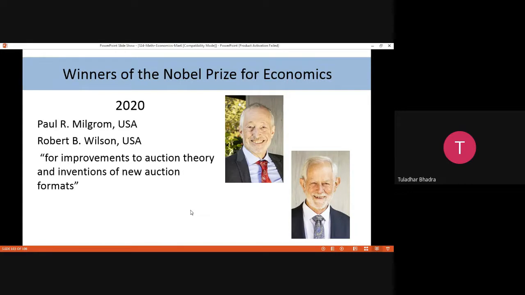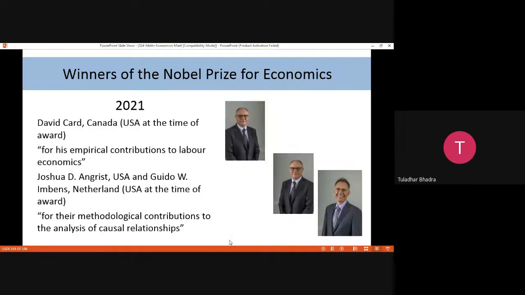2020: Paul Milgrom, USA, and Robert Wilson, USA, for improvements to auction theory and inventions of new auction formats. 2021, the last one: David Card, Canada, who was in USA at the time of the award, for his empirical contribution to labor economics, and Joshua Angrist, USA, together with Guido Imbens, Netherlands, USA at the time of the award, for their methodological contribution to the analysis of causal relationships.